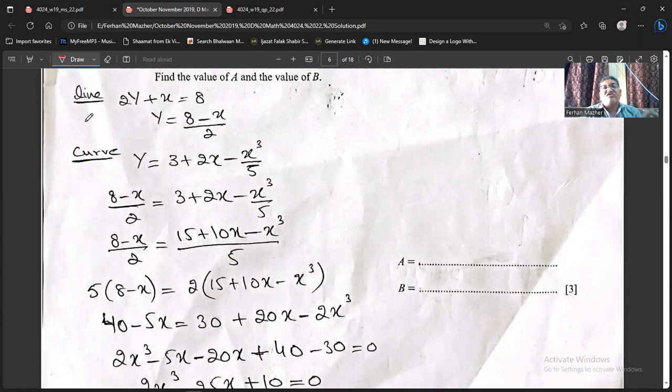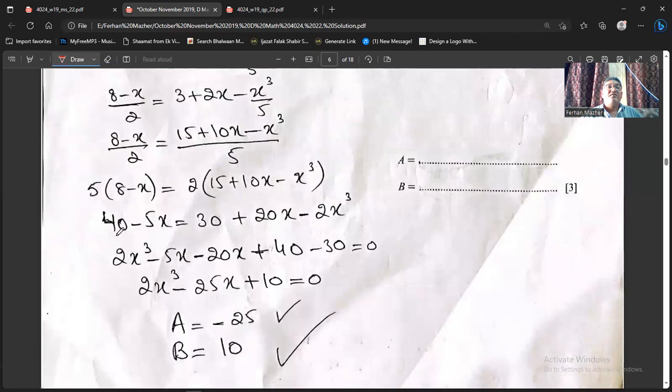So 8 minus x, this is by 2, that is the line, and this is the curve. So make them equal to each other. I will take the LCM here. So (8 minus x) by 2 equals (15 plus 10x minus x cubed) by 5. Cross multiply. So you will have 40 minus 5x, and this will be 30 plus 20x minus 2x cubed. Rearrange it: 2x cubed minus 5x minus 20x plus 40 minus 30 is equal to 0.